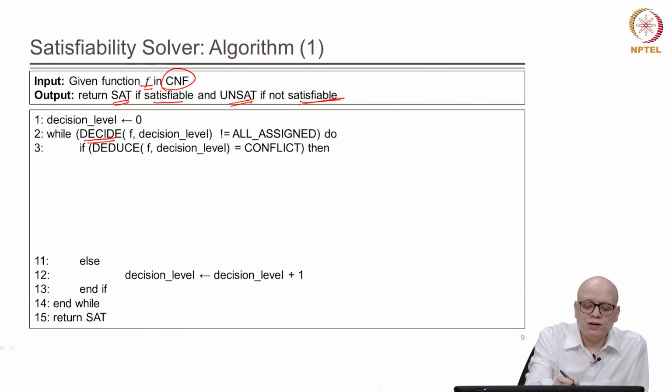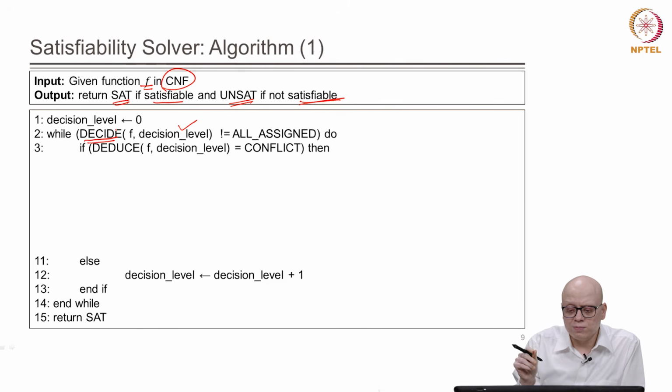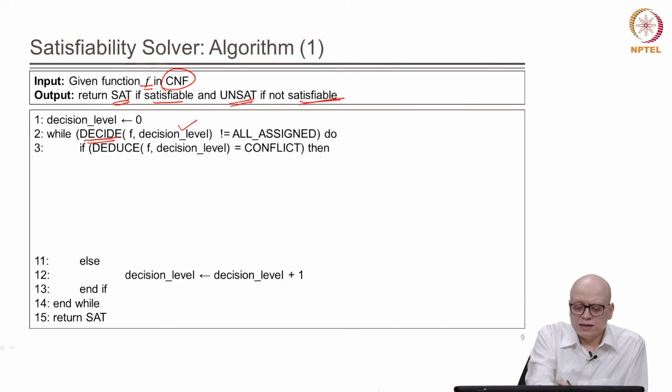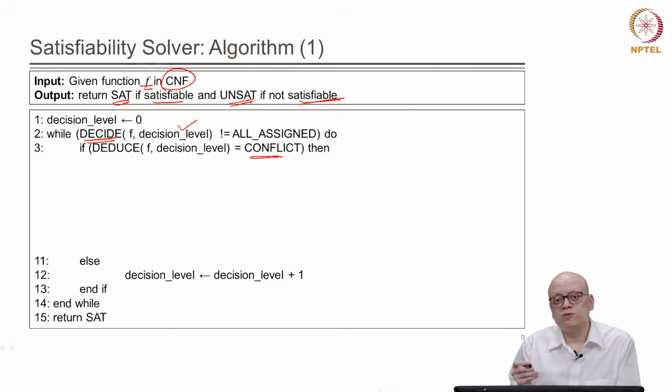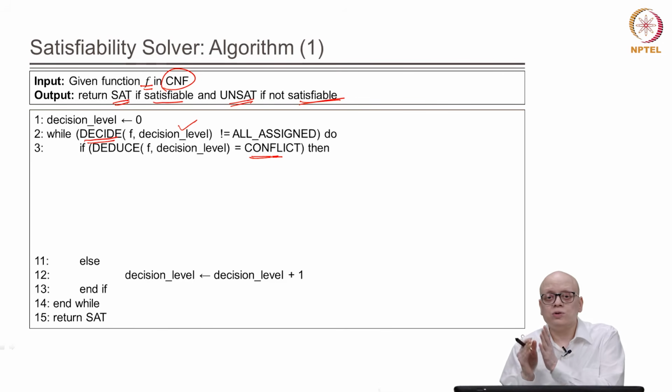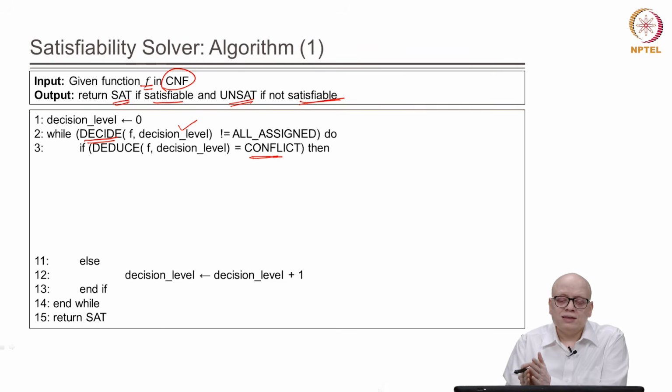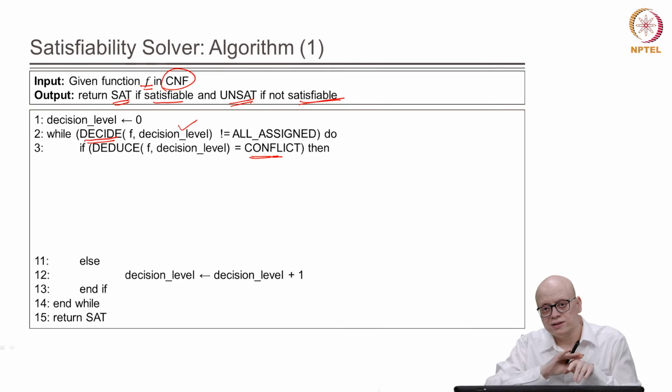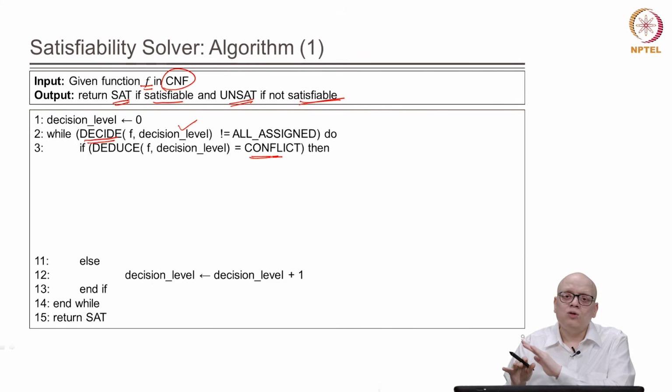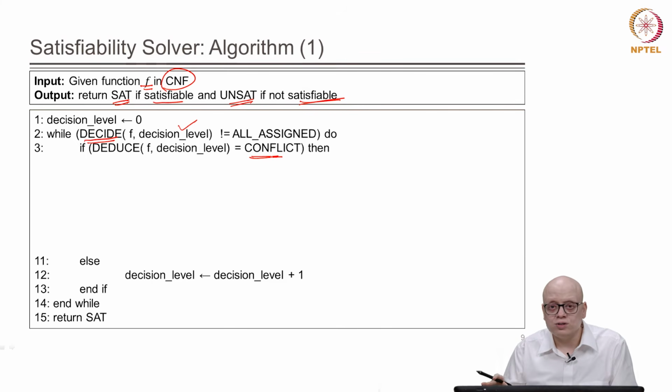First we decide the value of a Boolean variable, and then we deduce whether that decision leads to a conflict or not. Suppose we assigned x1 equal to 1. Now, 2 cases can happen: after the assignment we did Boolean constraint propagation and there was no conflict at all.